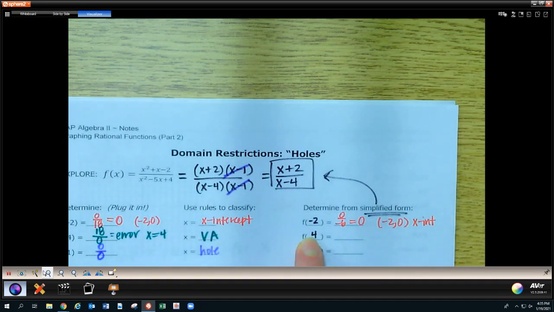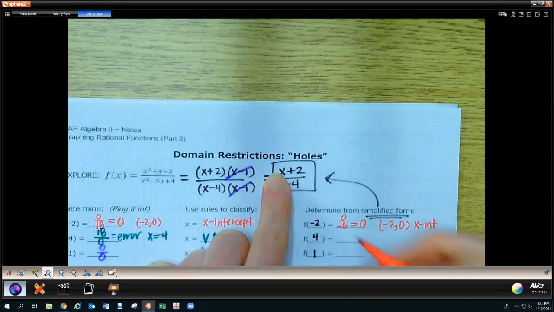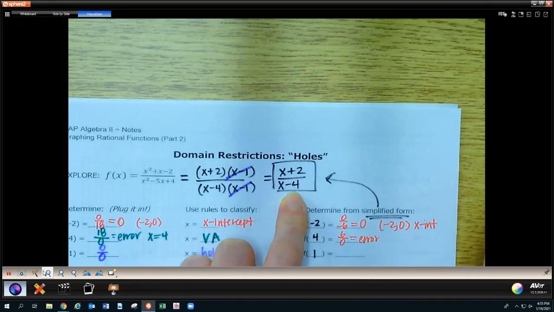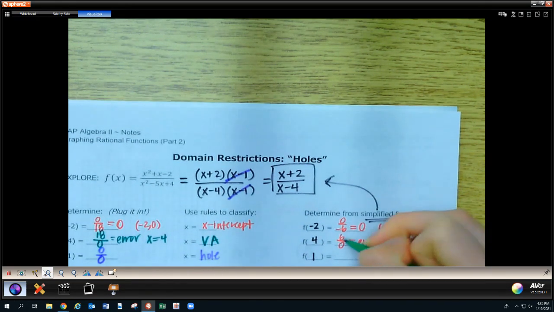If we plug in 4 to this function, we get 6 on top and 0 on bottom, which is still an error. Oh, I should have switched colors.